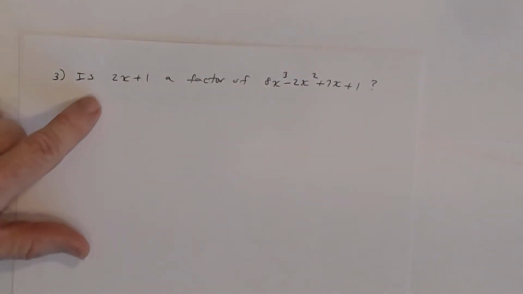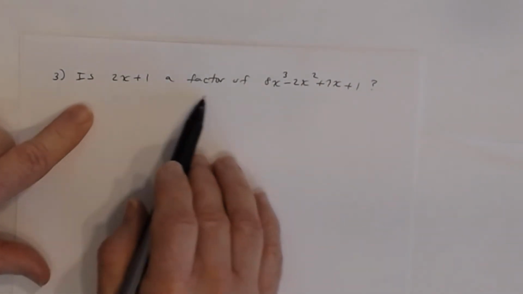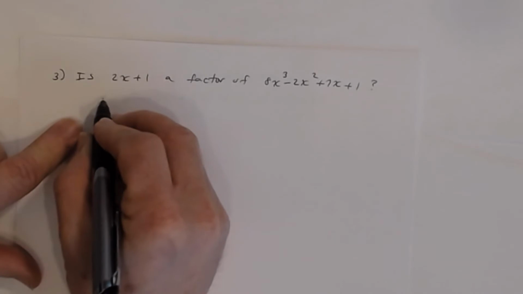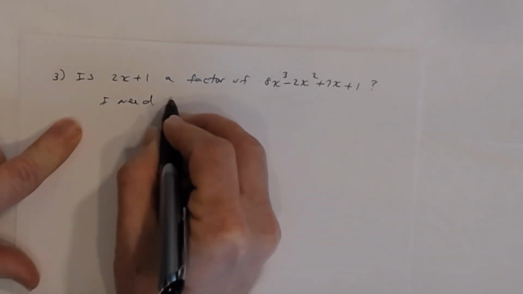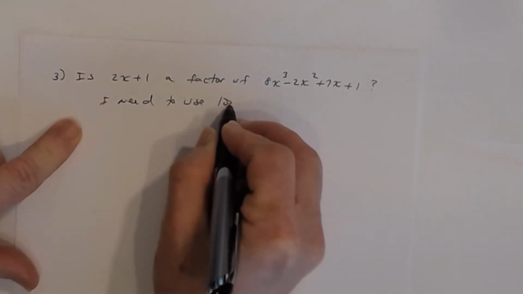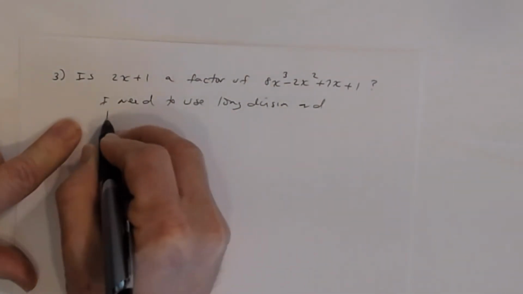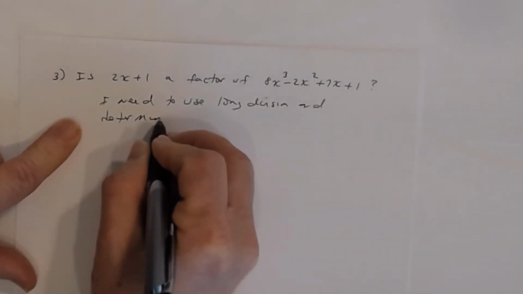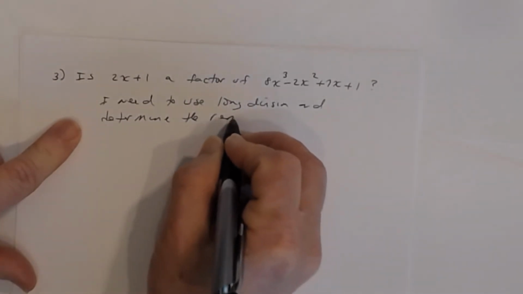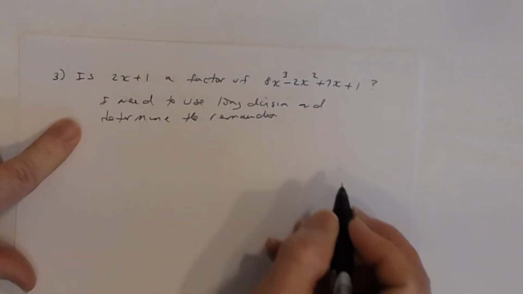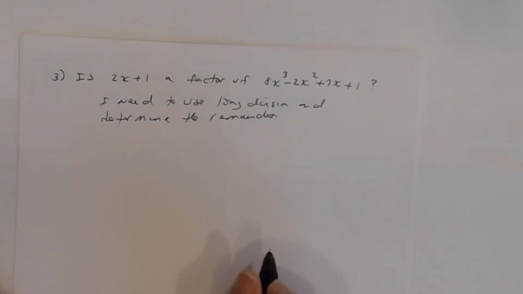So if I want to determine if this is a factor of this, I need to use long division and determine the remainder. That's what I need to do.